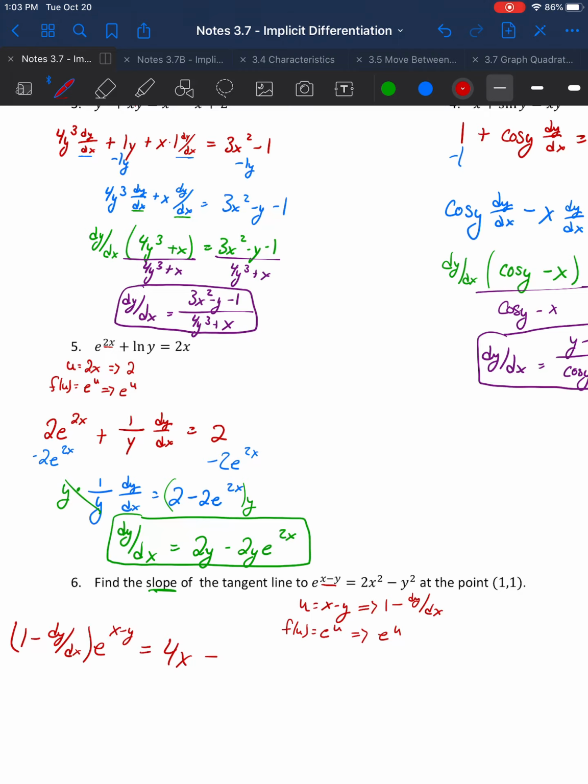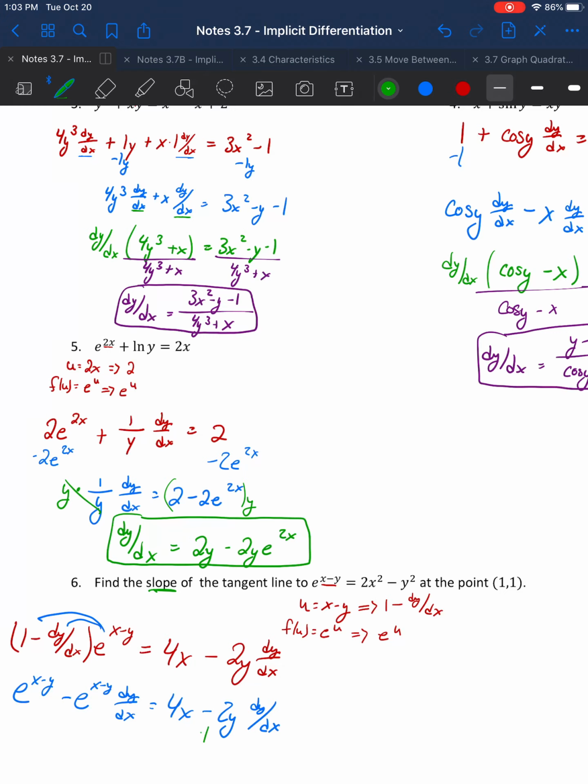That would be 1 minus the derivative of y is dy dx. E to the u is e to the u. So I've got 1 minus dy dx times e to the u, which was x minus y, equals, that would be 4x minus 2y dy dx.